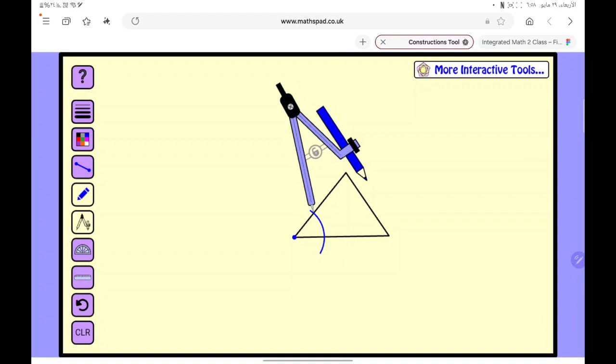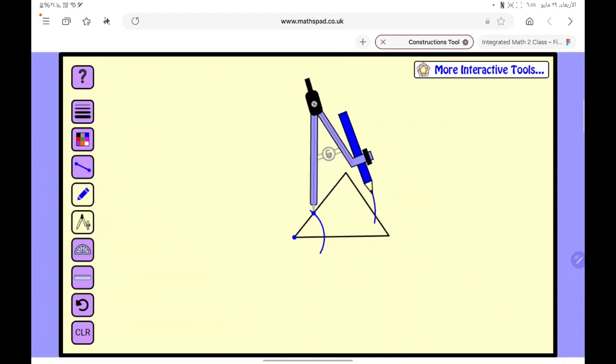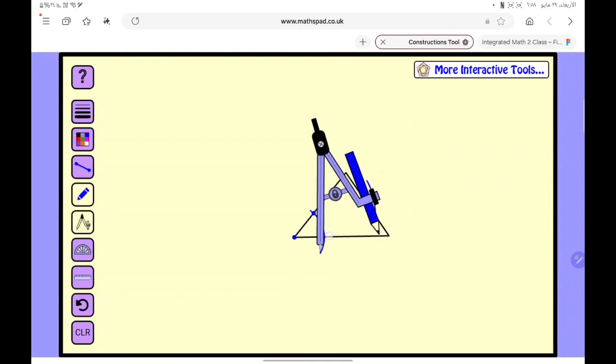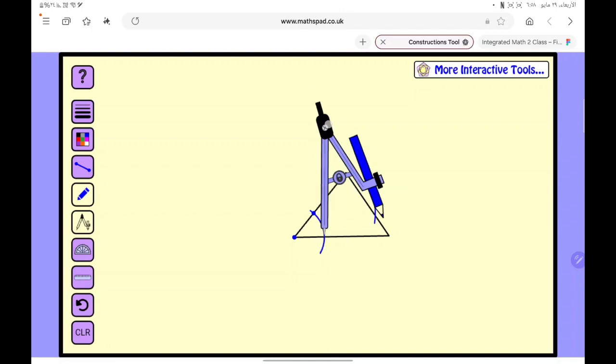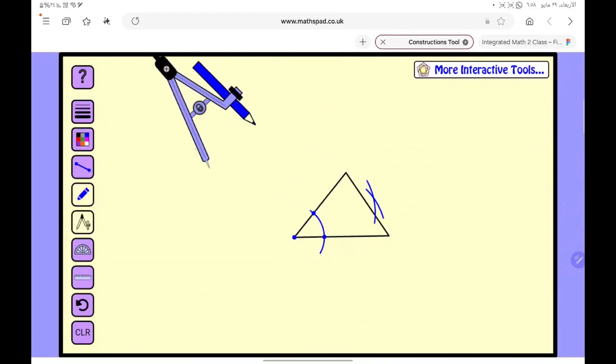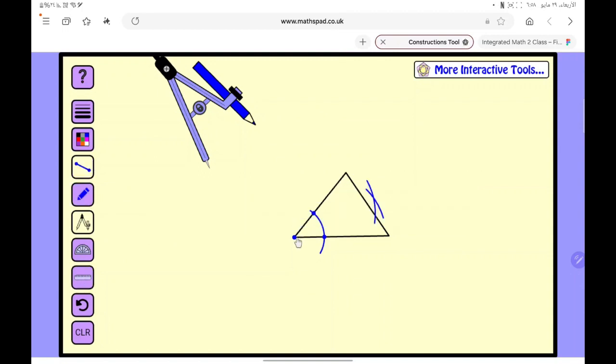Now make a small arc like this, with the same opening. Don't change the opening. Put it on the other intersection that we made here. Now draw another arc. As you can see, they are intersecting each other. Now use your ruler, connect between them from this side here to that one there.